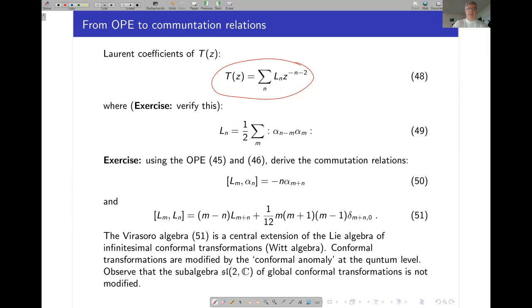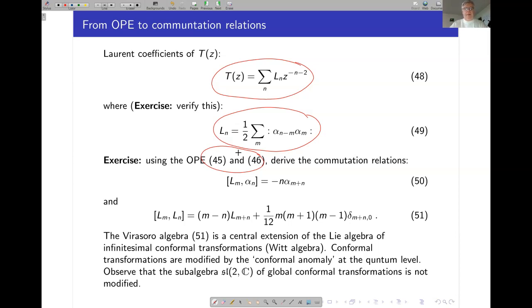And these are familiar looking objects, infinite sums quadratic in the coefficients alpha of dx. So these are the operators that we have already encountered previously. And with our OPEs 45, 46, we can compute commutation relations between the L's and alphas, which is given by 50.